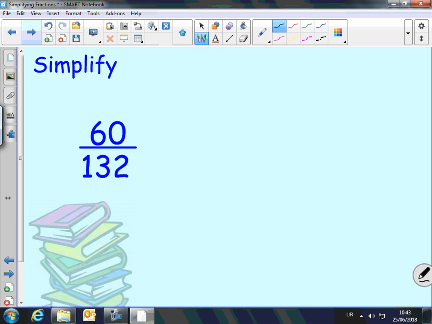Our next example is 60 over 132. I wouldn't expect you to write out all the factors of 60 and all the factors of 132, so we have to look at something else to make it a wee bit easier for ourselves. 60 and 132 are both even numbers, so straight away we can divide the numerator and denominator by 2, which simplifies it, but doesn't give us the fraction in its simplest form. 60 divided by 2 is 30, over 132 divided by 2 is 66.